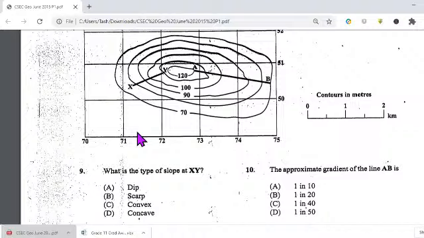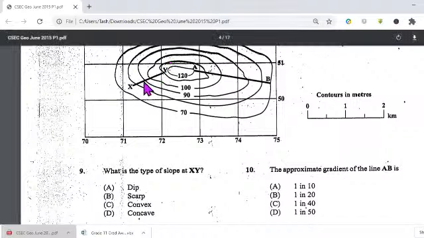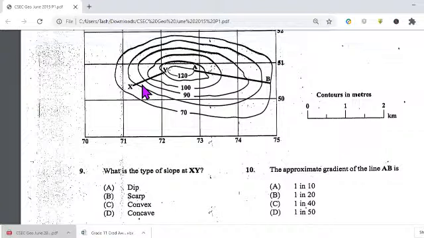So if we look at X to Y here, it is relatively even for the type of slope here. So it would have been our scarp section of the slope. So that would have been letter B for our answer.